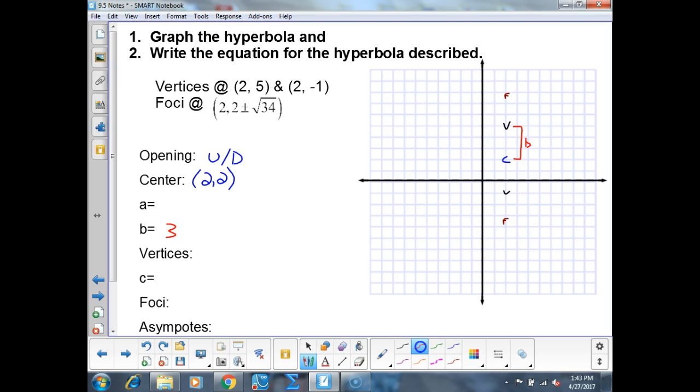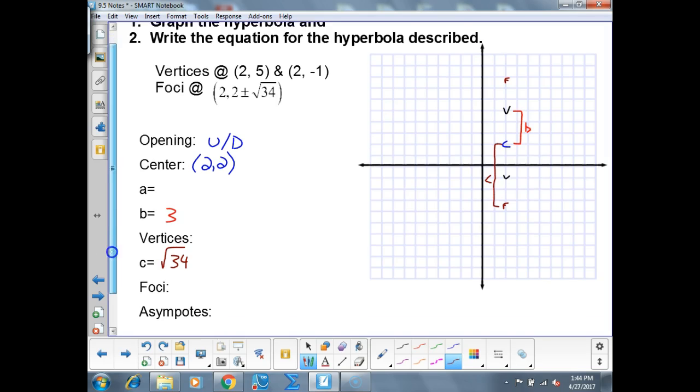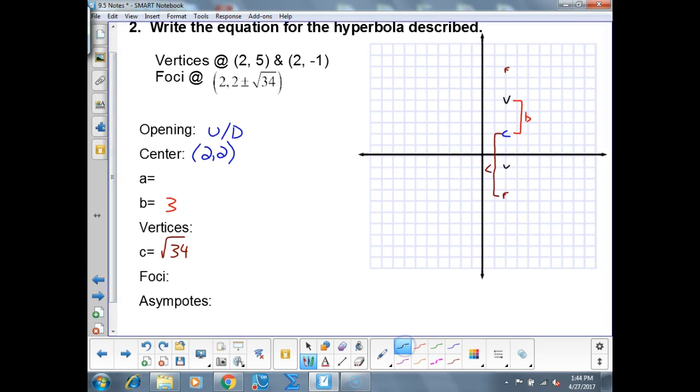And c is the square root of 34. c is here. We know the foci. We know the vertices. Do a.